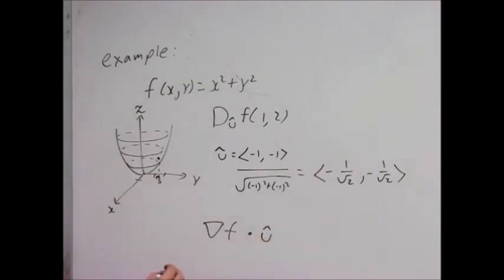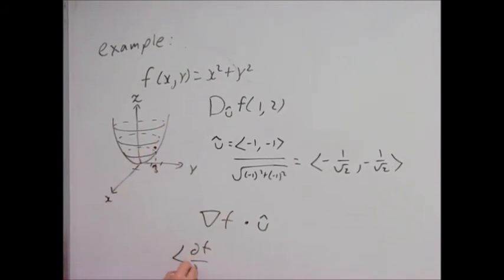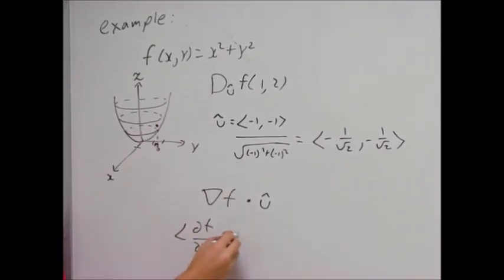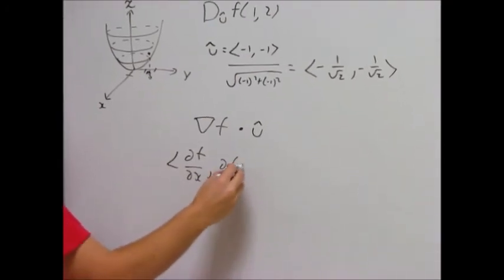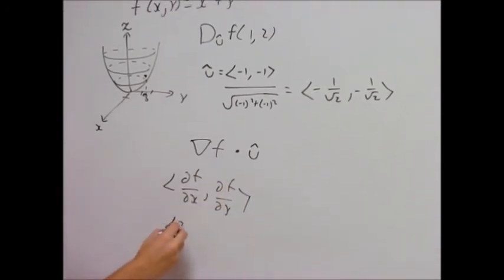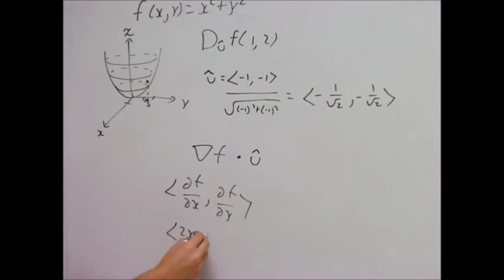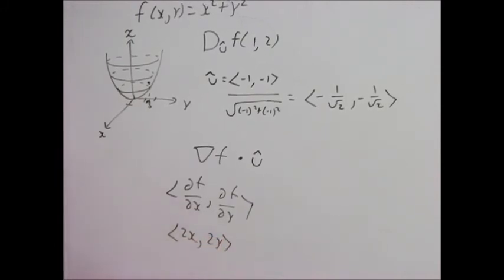And the gradient, as we know, well, the partial derivative with respect to x, that's just 2x. And then with respect to y, it's 2y. And the point was (1, 2).